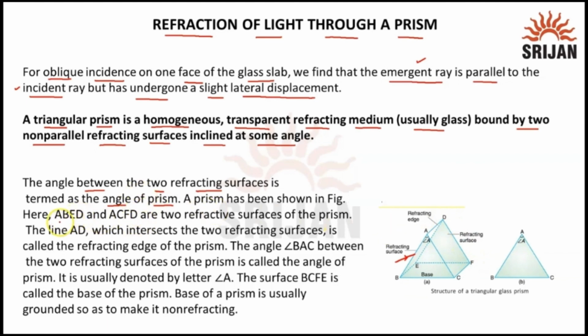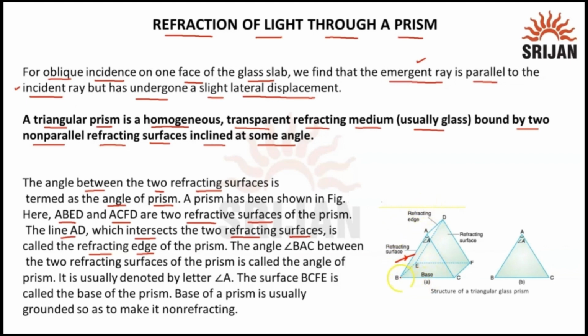It is also written over here that ABED and ACFD are the two refracting surfaces of the prism. Further, the line AD, from A to D, which intersects these two refracting surfaces, is known as the refracting edge of the prism. It is also labeled here that AD is the refracting edge.